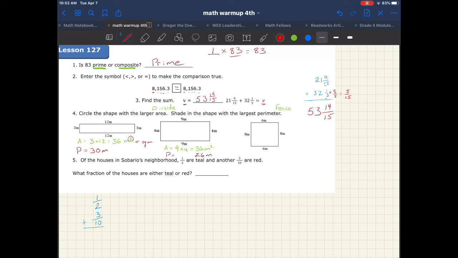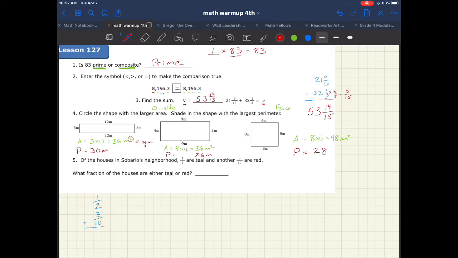Last one. The area over here is 8 times 6, which equals 48 meters squared. And my perimeter, 8 plus 8 plus 6 plus 6. The 8 and 6 is 14. And 14 and 14 is 28.